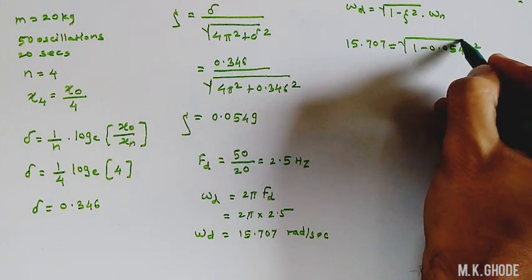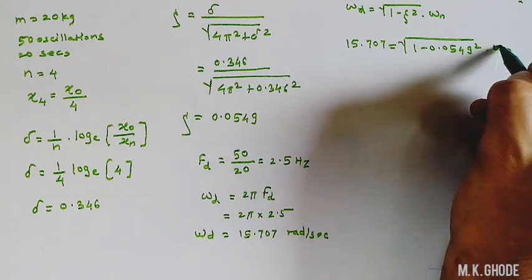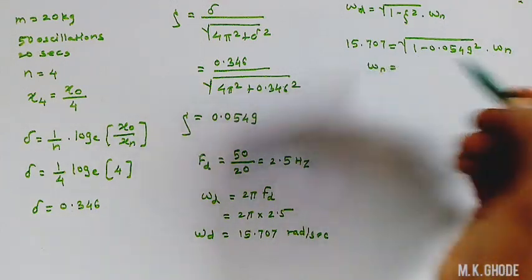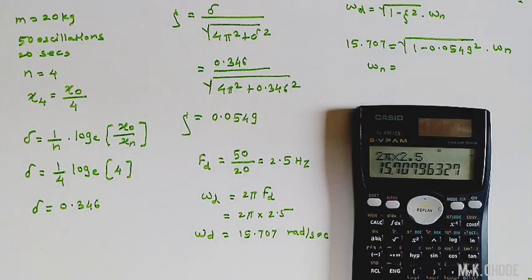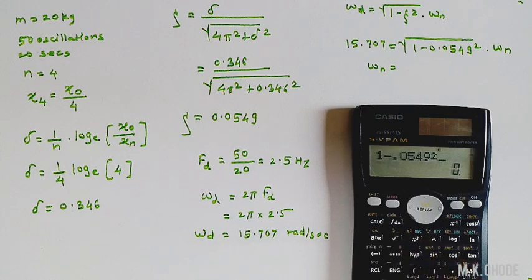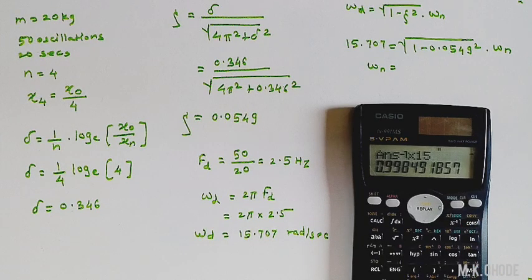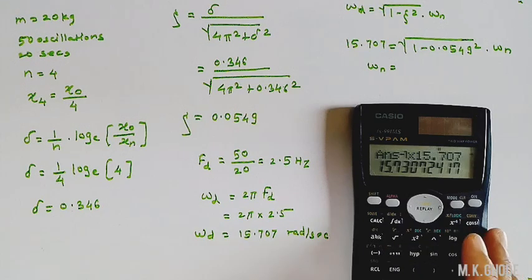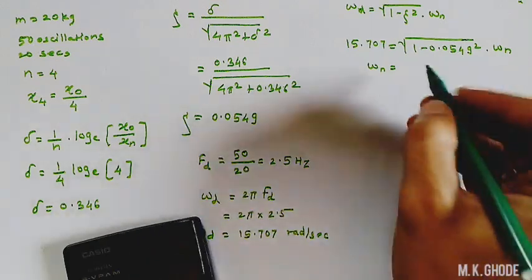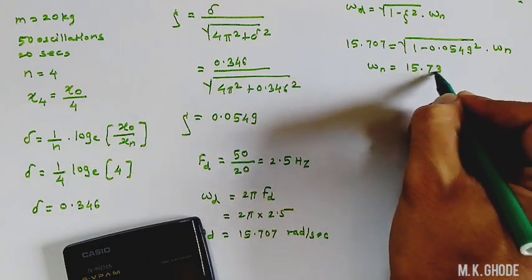So omega n is 15.73 radian per second, the natural circular frequency.